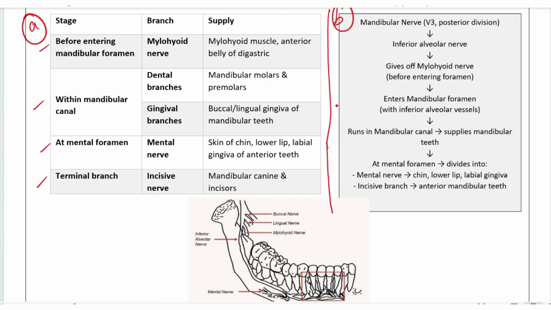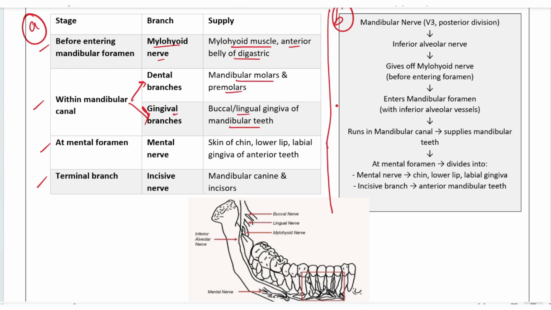Before entering the mandibular foramen, it gives a branch called the mylohyoid nerve, which supplies the mylohyoid muscle and the anterior belly of digastric. Within the mandibular canal, it gives rise to the dental and gingival branches. Dental will supply the mandibular molars and premolars, and the gingival branches will supply the buccal and lingual gingiva of the mandibular teeth.